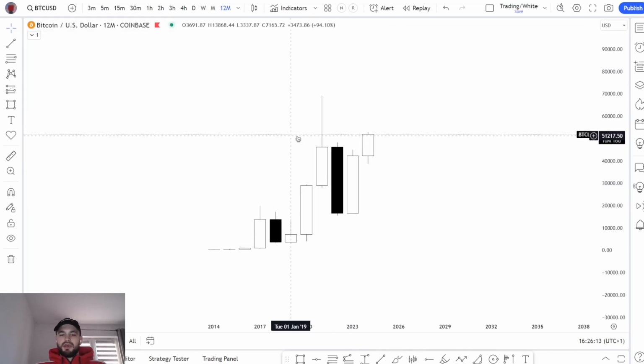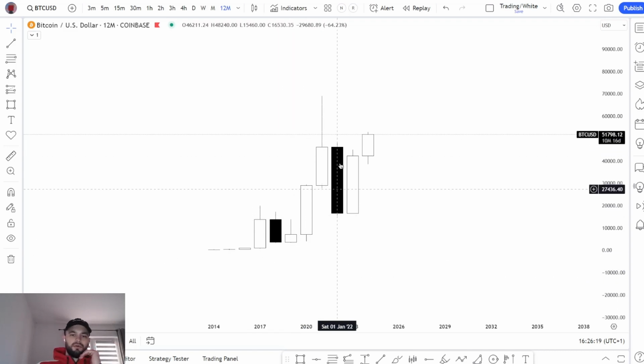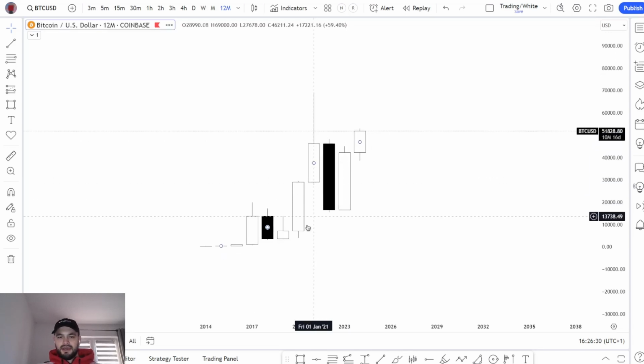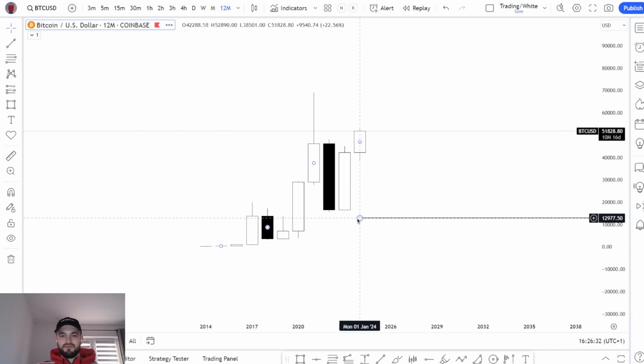And just looking at this picture, which levels do you think are the most significant? At least now that we are trading at like 52k, obviously it should be these levels right here. Maybe this high, maybe this high. These lows aren't relevant at all anymore.